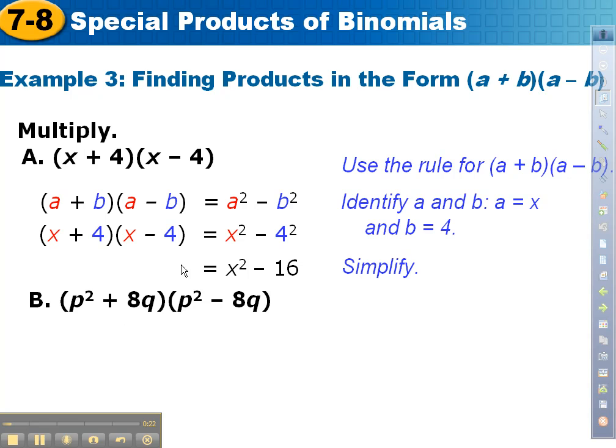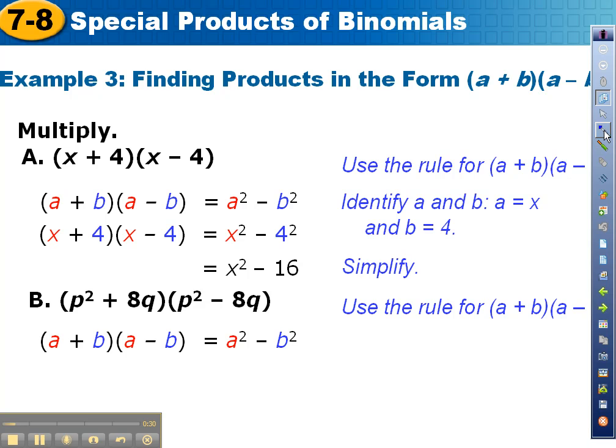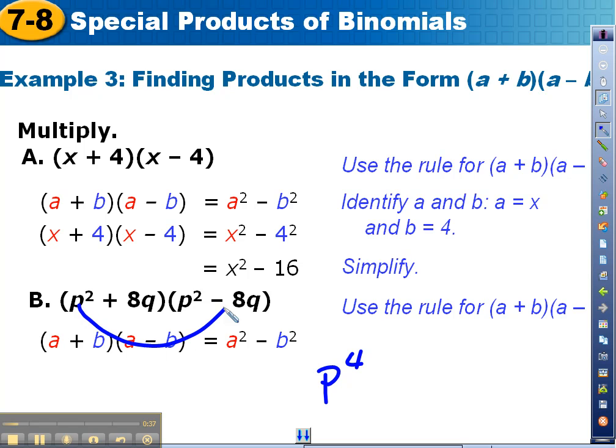Right here on part B, when you multiply your front two terms, p to the second multiplied by p to the second is p to the fourth. I'm going to use FOIL. What happens when you multiply your outside two terms? What happens when you multiply your inside two terms?